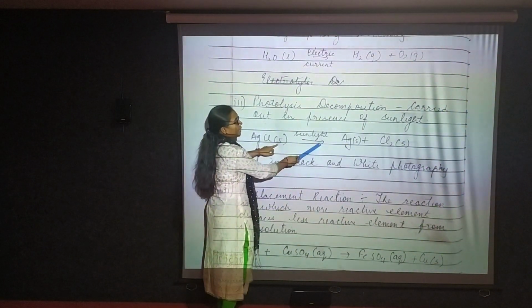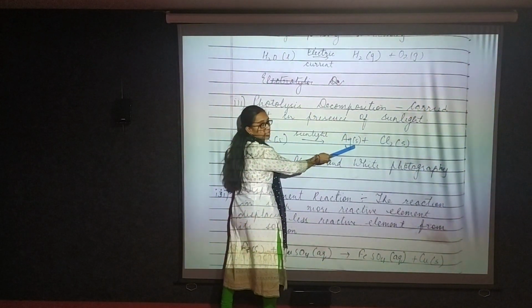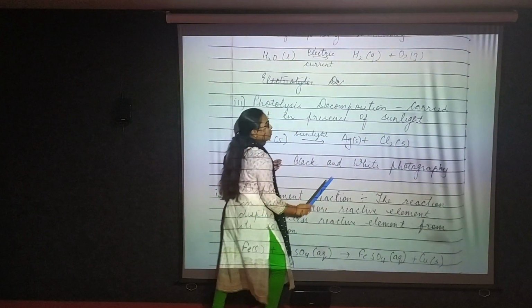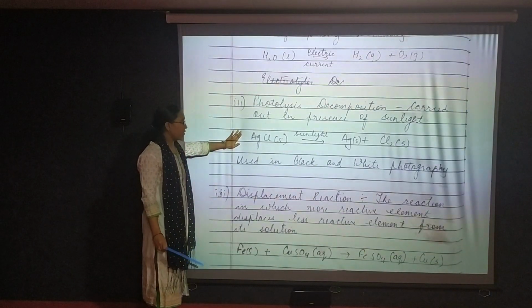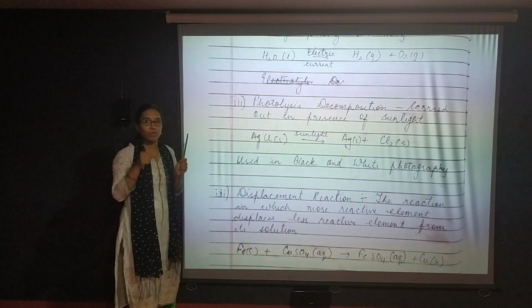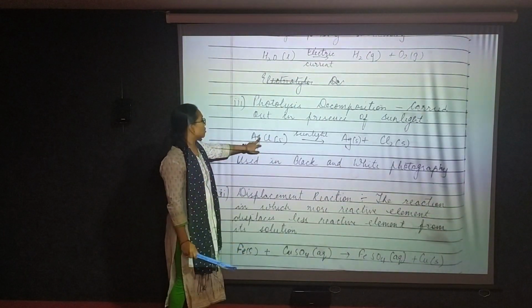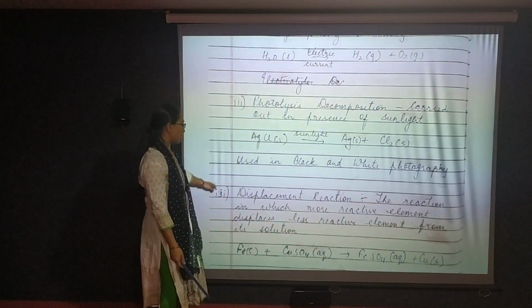In the presence of sunlight, it will be split into Ag, silver, and Cl2. Both of them will be in the solid form. This reaction is used in black and white photography. You would have seen the black and white photographic film. That film is of AgCl only. This is an important question that can be asked for 1 mark.